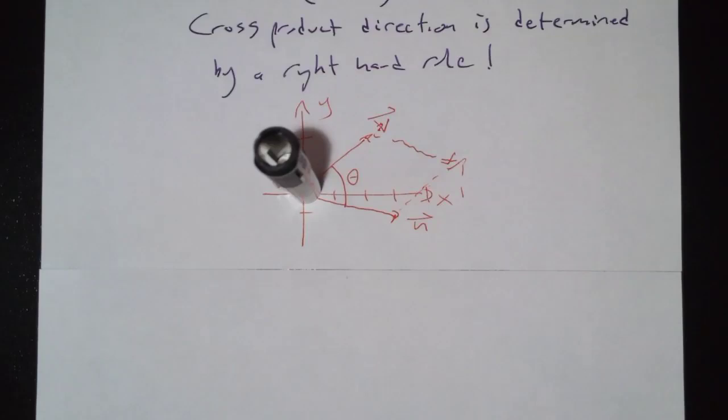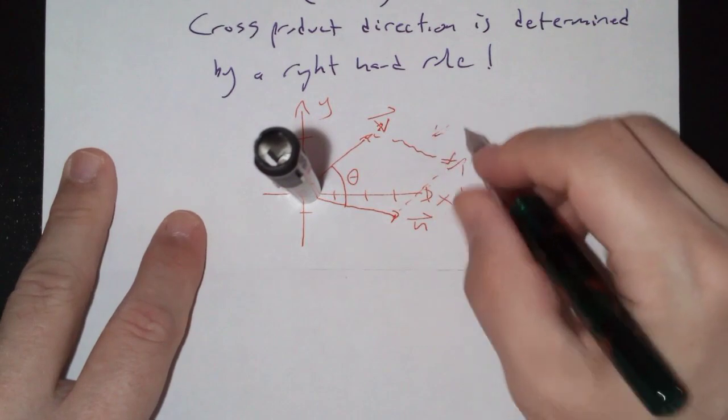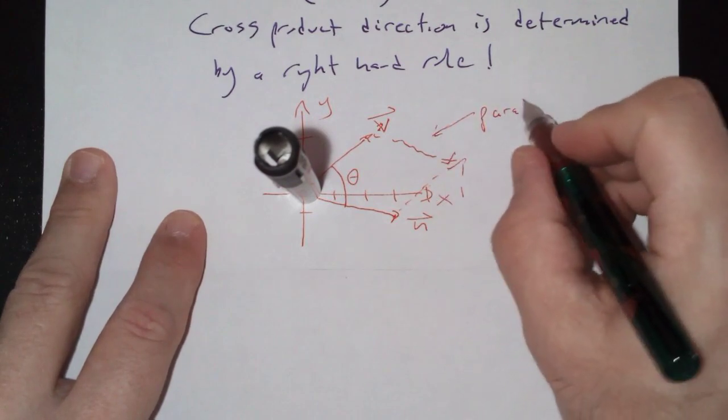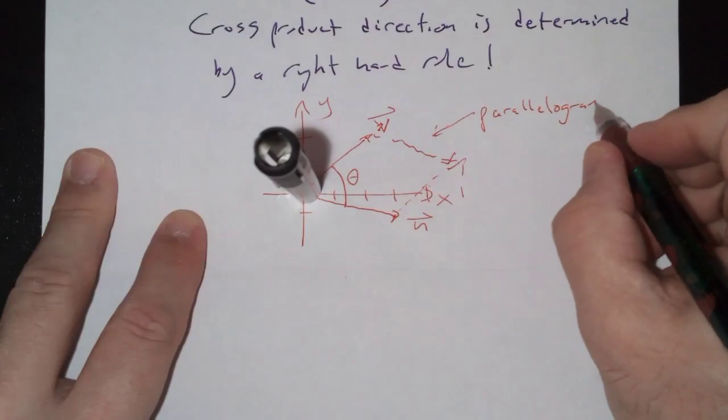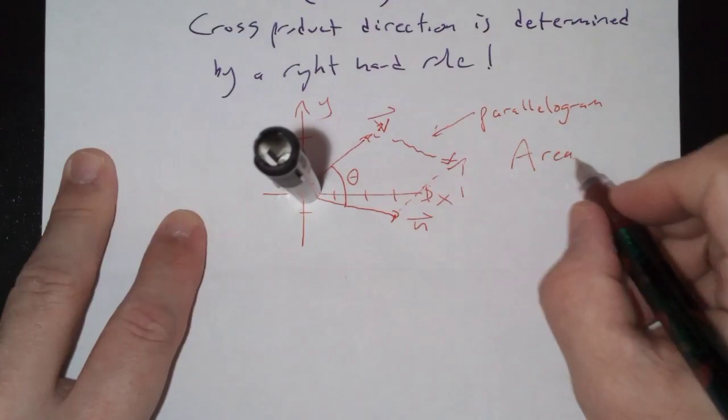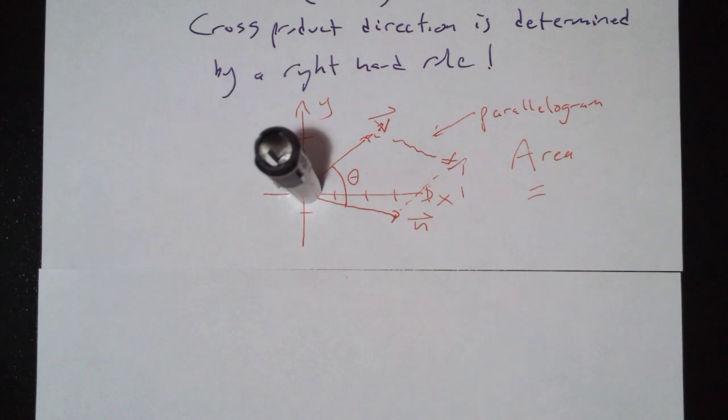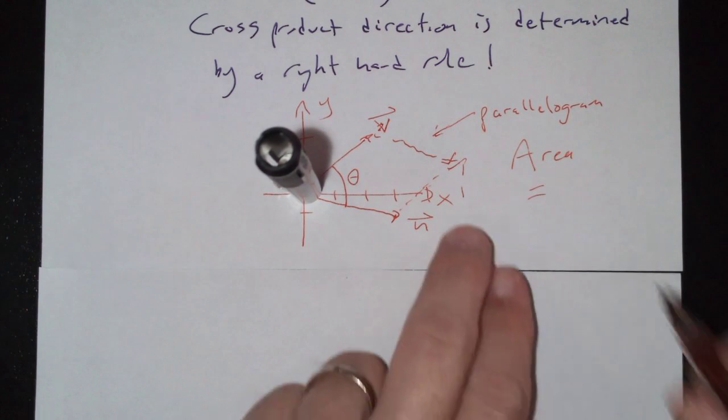Anybody know the formula for the area of a parallelogram? The internet is your friend. Look up the formula for the area of a parallelogram. Just like a rectangle, right?